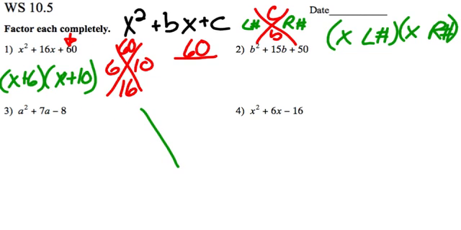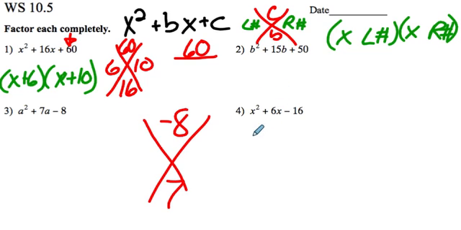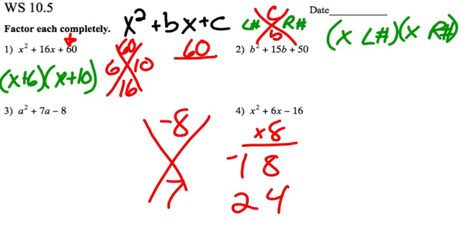Let's try number 3. So now we're looking for numbers that multiply to -8 and add to 7. Now I'm going to make the list of numbers that multiply to 8. 1 and 8, 2 and 4. Well, we could make the first numbers negative or the second numbers negative.